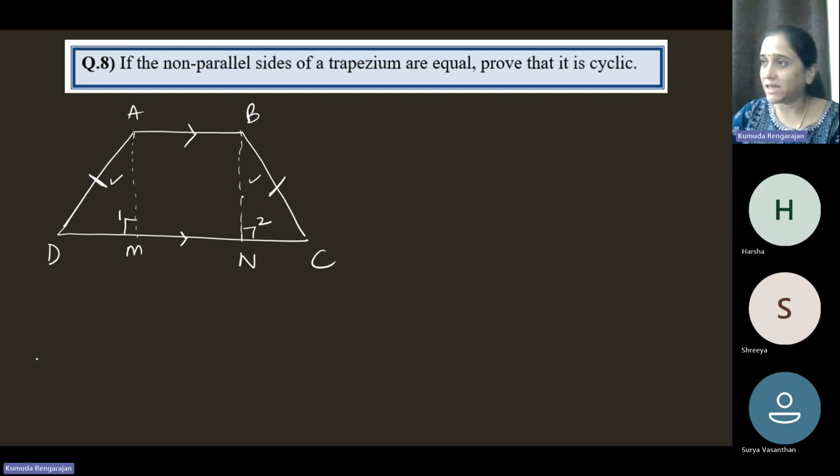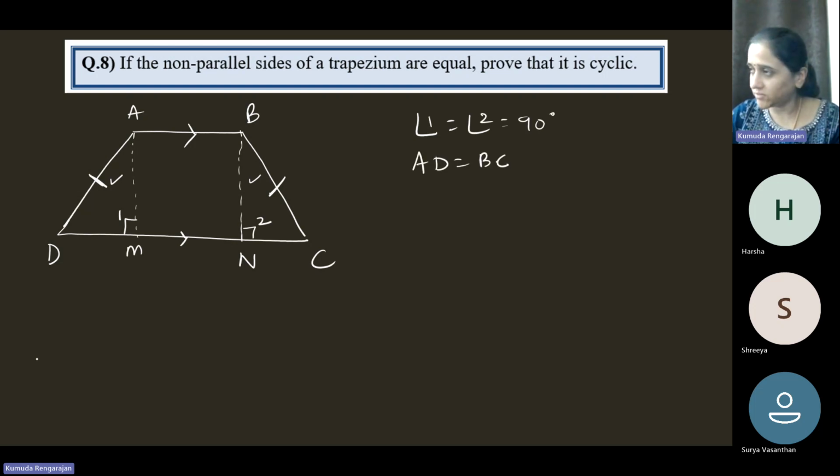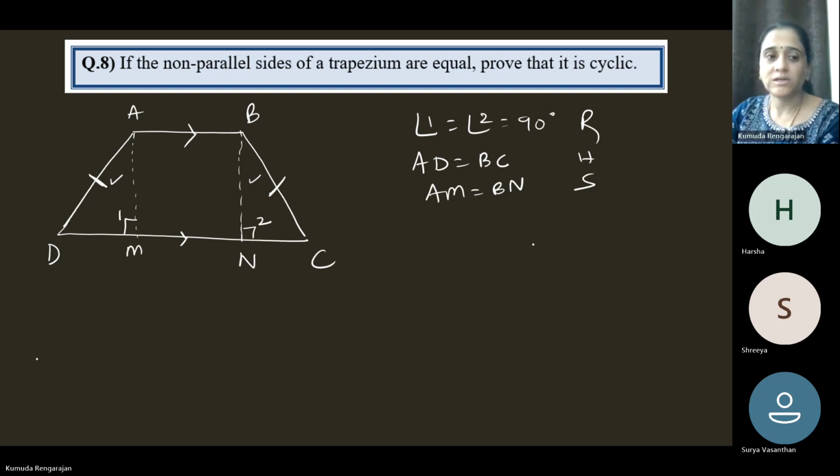AM is equal to BN because the perpendicular distance between two parallel lines is the same everywhere. So this makes RHS congruence criterion. The two triangles are congruent. CPCT, this angle is equal to this angle.